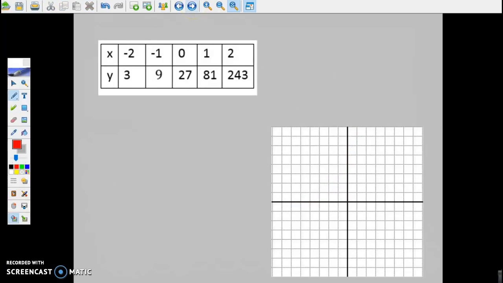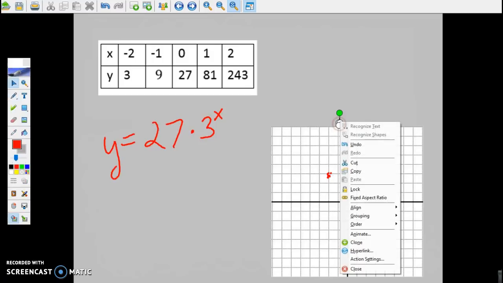Our second equation that we solved for was y equals 27 times 3 to the x power. So we already solved this. Based on the table, we calculated it. Now all we do is we plot our points. So negative 2, comma 3. Negative 1, comma 9. Okay?